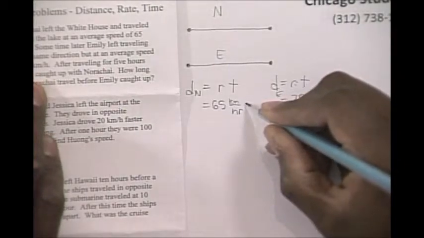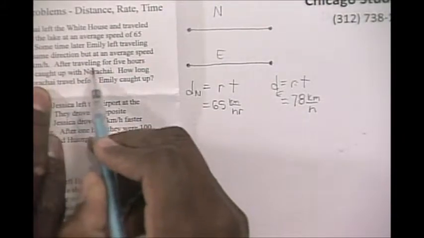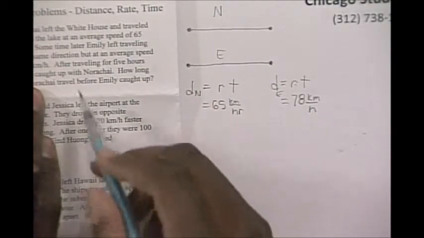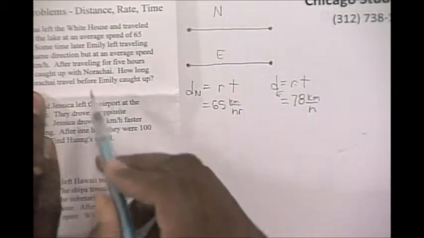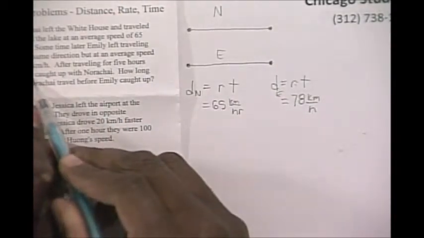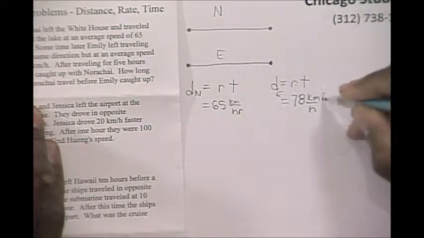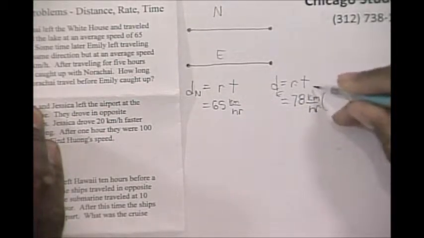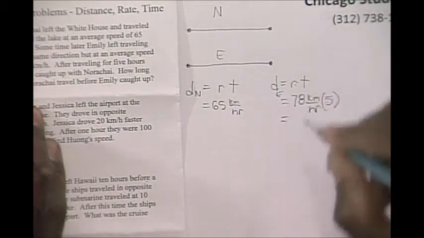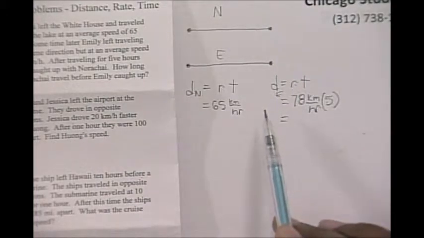Now, all we have to do is just figure out the time here. This says after traveling for 5 hours, Emily caught up with Norichi. So that's telling you that Emily traveled for 5 hours. So you'd substitute that time into the time for Emily. That's 5.